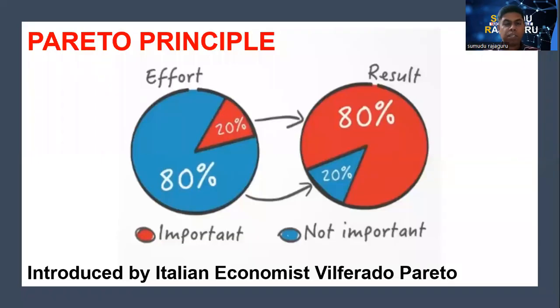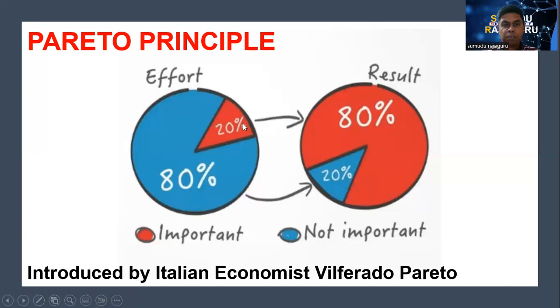This is the Pareto principle. Simply we call this the 80-20 rule. Some people say the 20-80 rule. Okay, both ways are correct. You can see the red colors are the important causes or activities, then blue colors show the not important causes or activities.